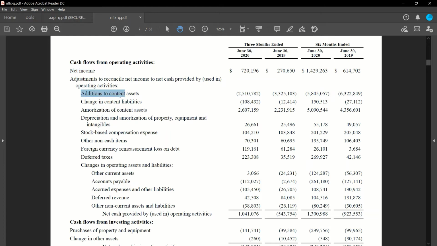So you see here additions to content assets. They can depreciate that over a certain period of time. They spent that money, but they're able to depreciate it over 5 years.